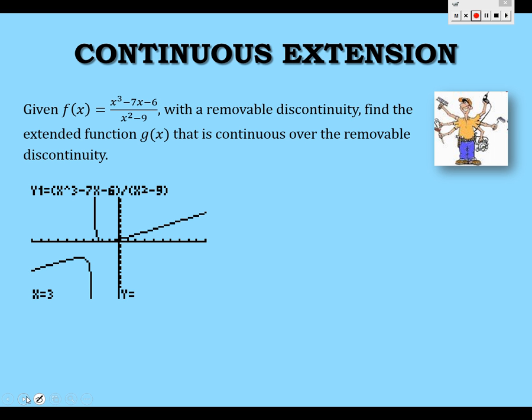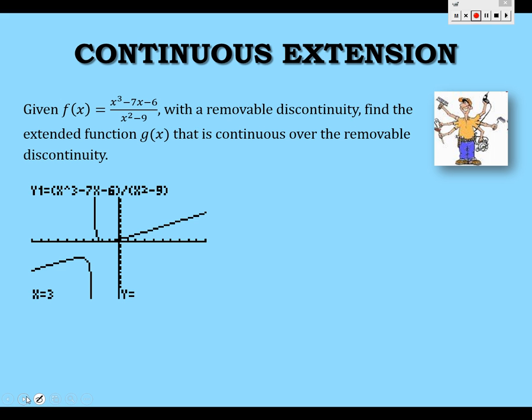We just need to factor the numerator into the denominator. So, I don't know how comfortable you are factoring the numerator. Do you remember how to do division? No, you don't.